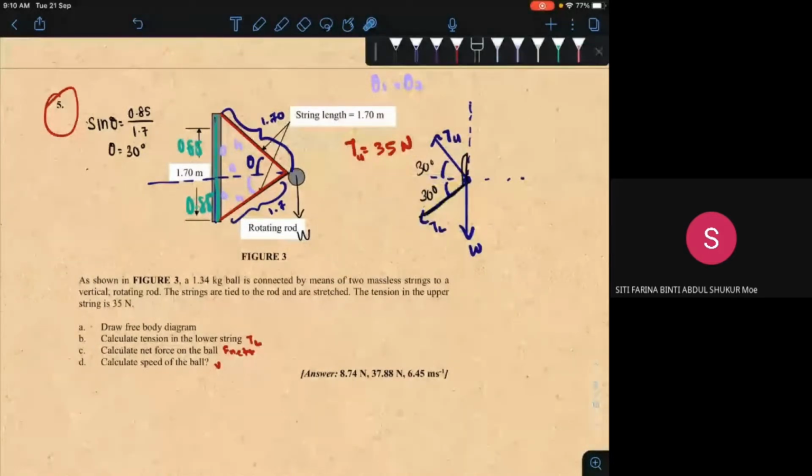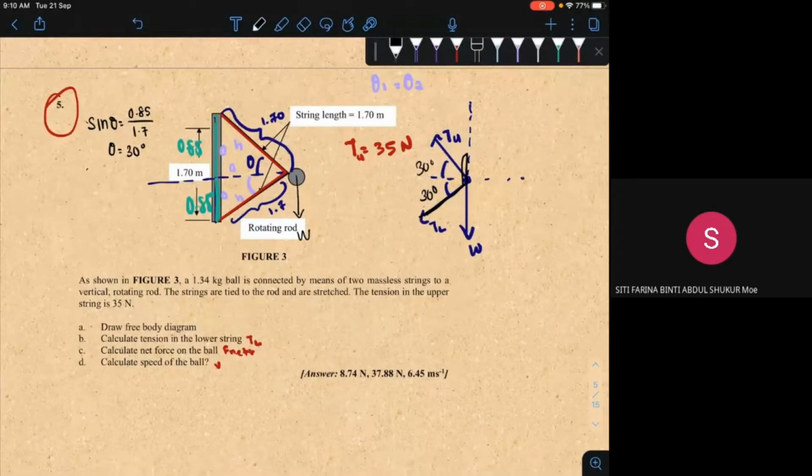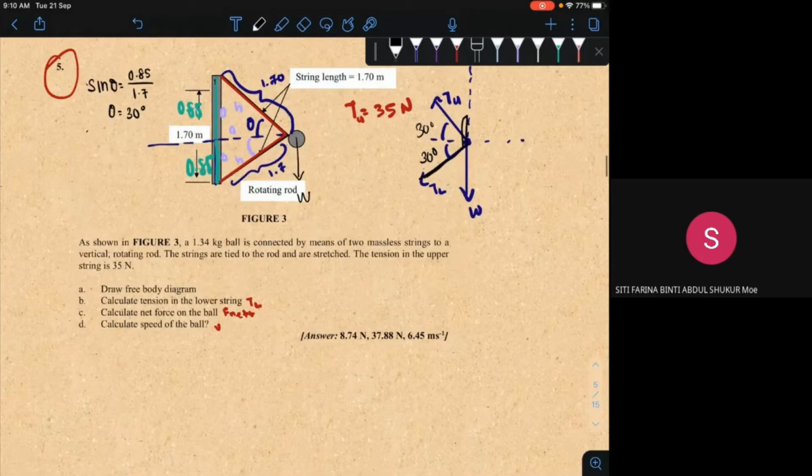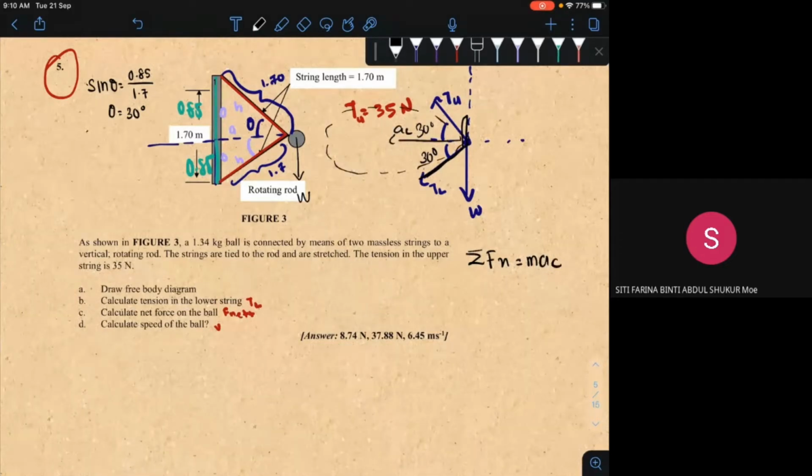Okay, however bila kita guna Y, dia akan sama dengan kosong, bila guna X, dia akan sama dengan MAC dekat sini. So kita akan ada dua summation. Summation Fx akan sama dengan MAC sebab dia akan rotate in this direction, dia akan buat circular motion dekat sini. So kita ada AC towards the center of the circle.